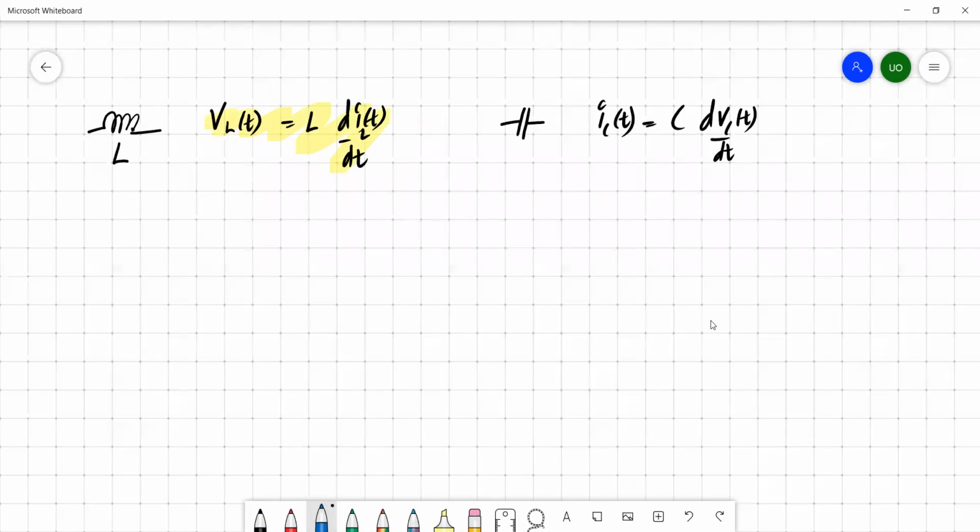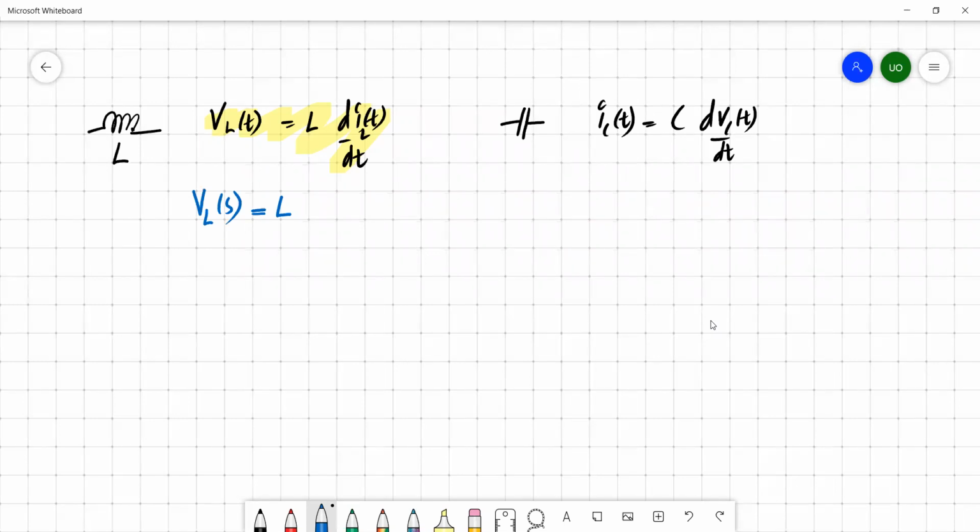So how do you apply it? This is a time domain quantity. So if I apply Laplace transform, it becomes this capital V L, and the parameter would be S. L is actually a kind of a constant, so we can treat it as a constant, and we have a derivative term. So how do you convert this derivative term to S domain?